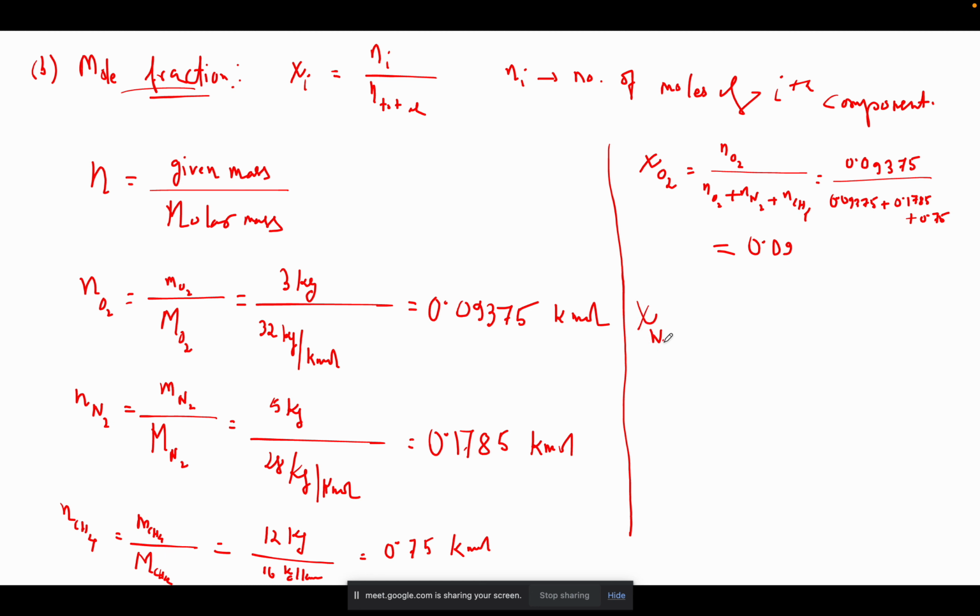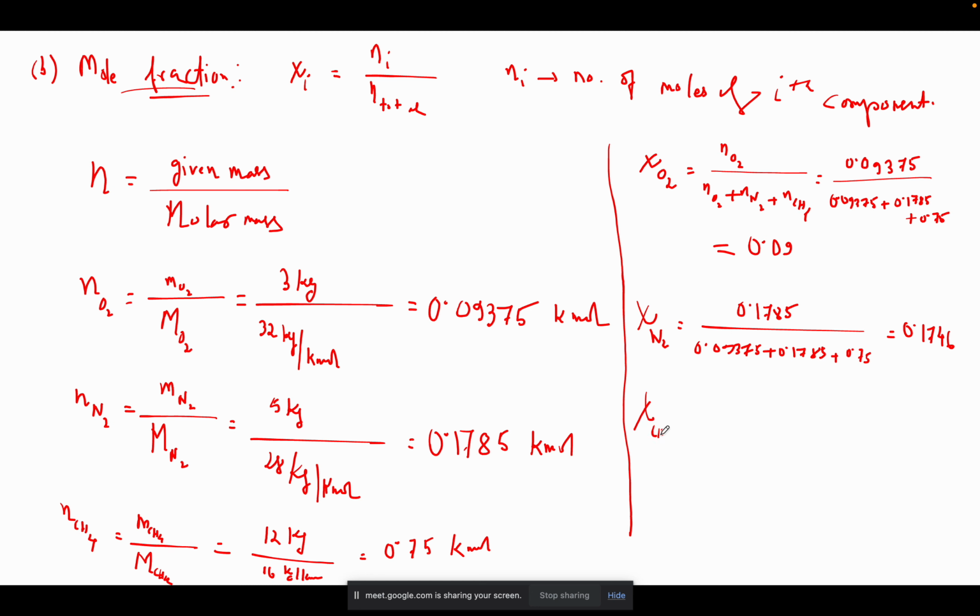Similarly X of N2 will be 0.1785 divided by 0.09375 plus 0.1785 plus 0.75, which is 0.1746.